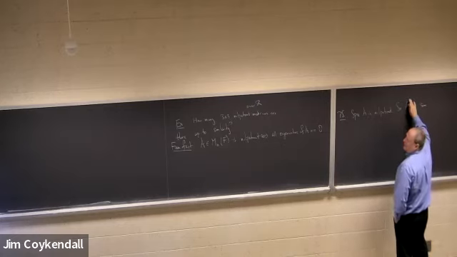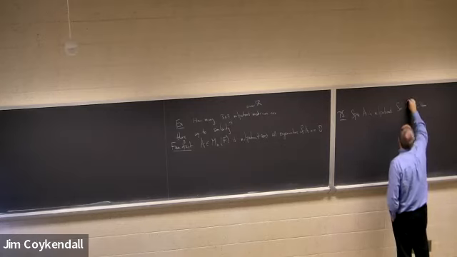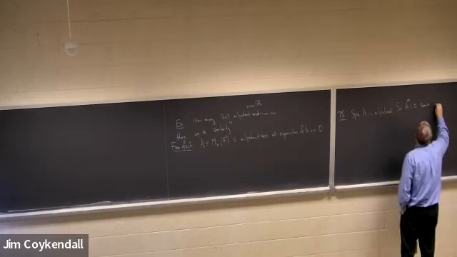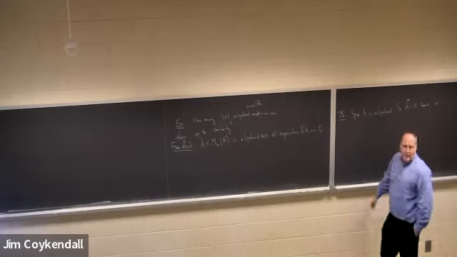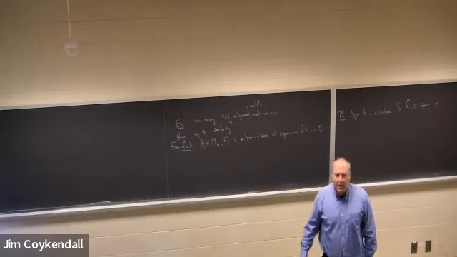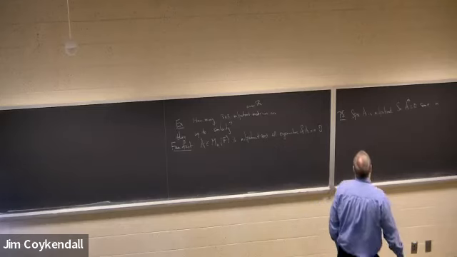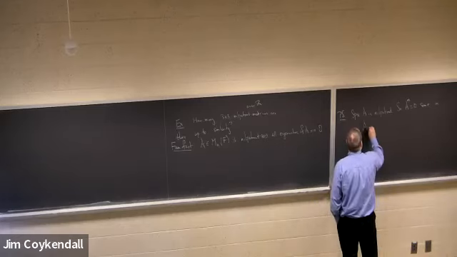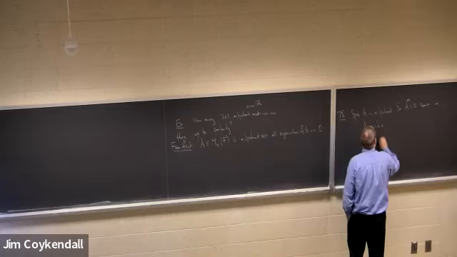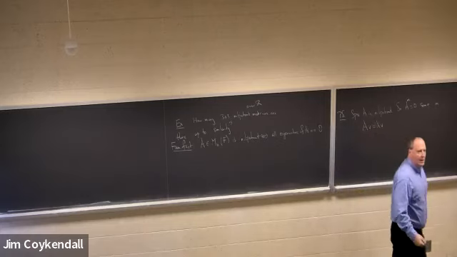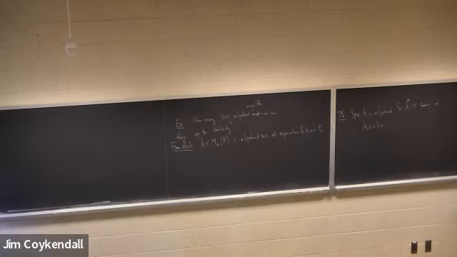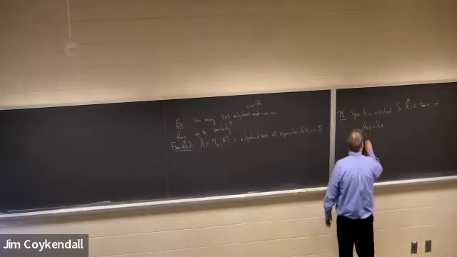Actually, these are n by n matrices, so let me say A to the m is zero. Now, what we want to do is show that all the eigenvalues are zero. So let's set up the eigenvalue equation. Lambda is an eigenvalue if and only if there's a non-zero vector v such that Av equals lambda v, right?